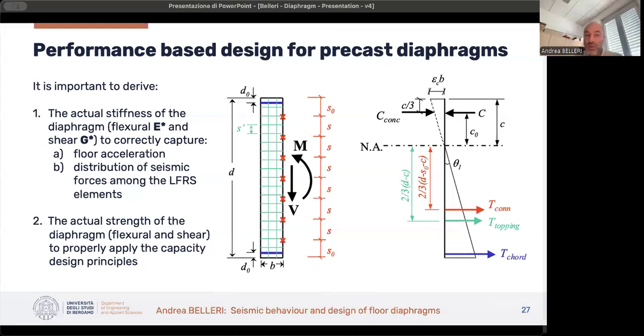This is good for defining the right floor acceleration and the right distribution of the seismic forces along the lateral force resisting elements. In addition, the actual strength of the diaphragm needs to be assessed to properly apply the capacity design principles.